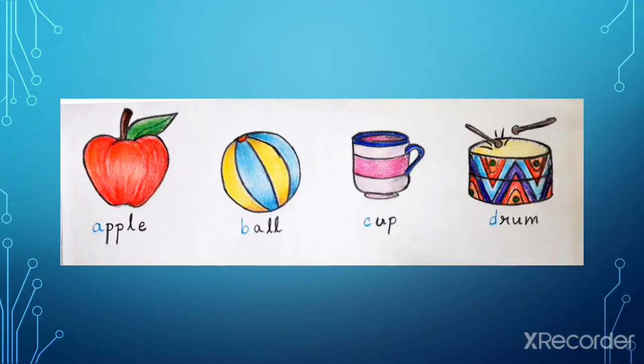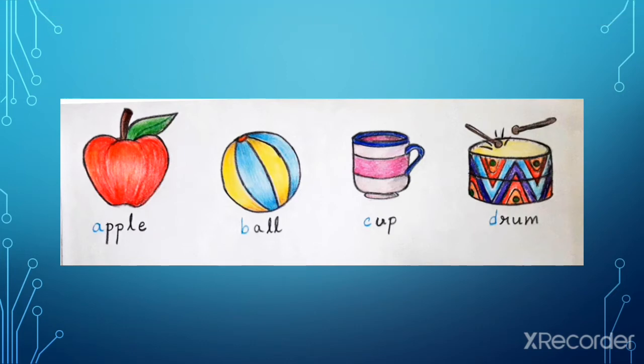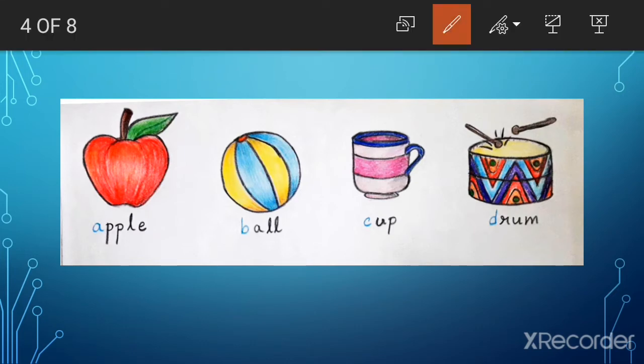Now look at this picture. Apple, ball, cup, drum. Apple starts with A. Ball, B. Cup, C. Drum, D. Now A comes before B, so apple comes before ball.